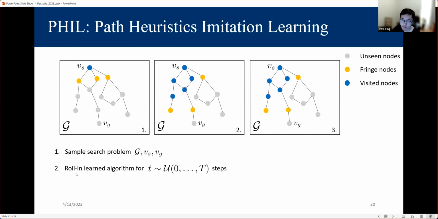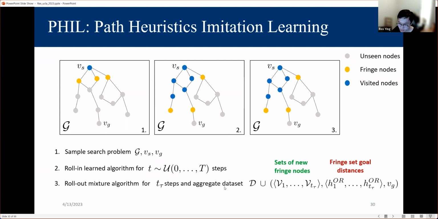And so we have some kind of roll-in algorithm. With the current model, we roll in by a number of steps to obtain the representations at every node that we have visited so far. Then we start the rollout, which means we compute this estimated distance to the destination. During training time, we also get a bunch of these oracle distances.